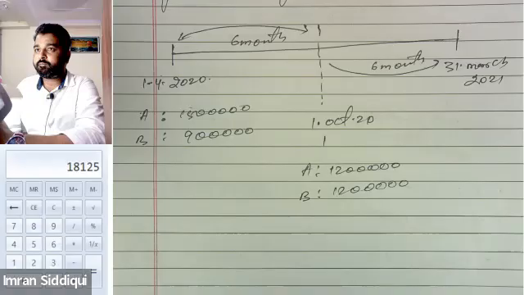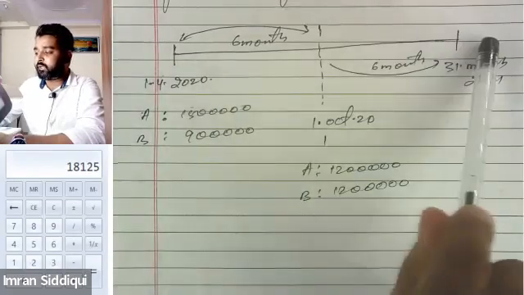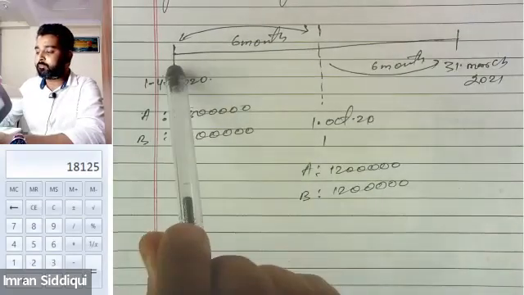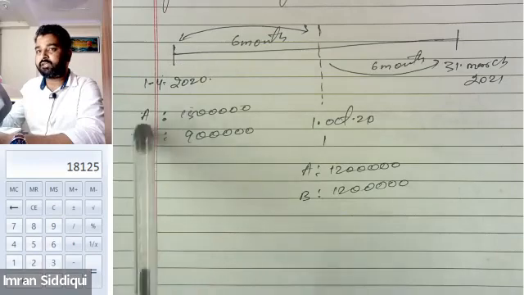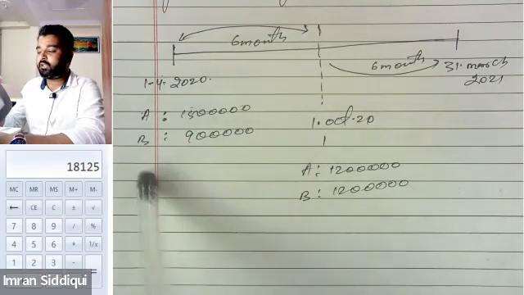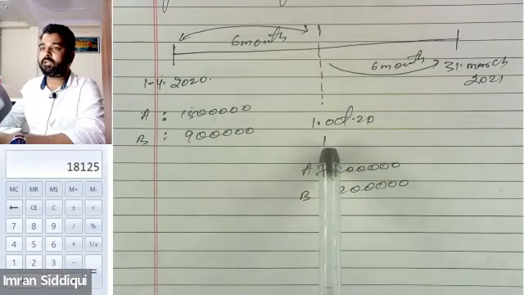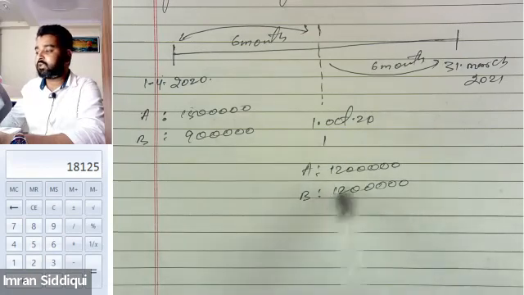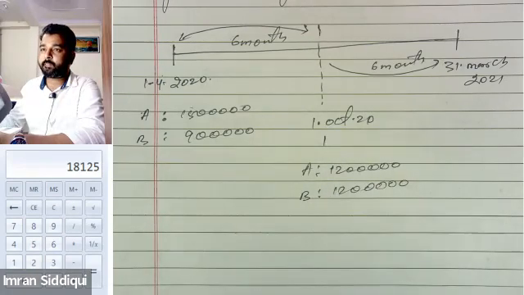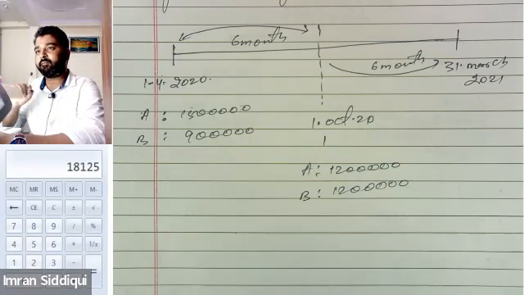I'm talking about Mr. A only. Let me repeat it again. If this is the timeline of the entire year, this is the beginning of the year. At the beginning of the year, their capital stood at 15 and 9 lakh. In the middle of the year, they decided to maintain a capital balance of 12 lakh each. We need to calculate interest on whatever capital they maintained throughout the year.